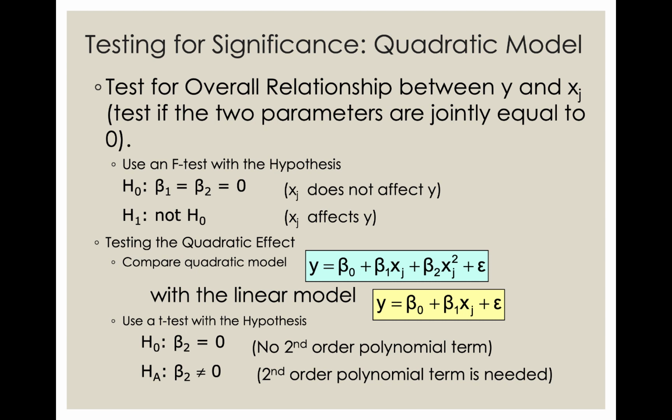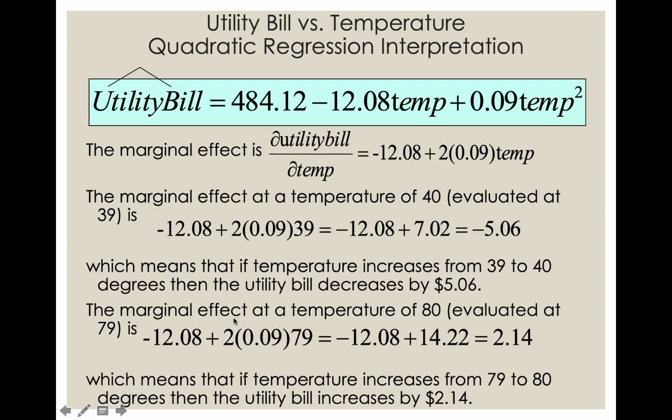Okay, if we want to test for overall significance, we would set basically everything that interacts with xj equal to 0, and that would be an F test. Or we could do a t-test and see if our quadratic term is statistically significant or not. One thing to note is once you put this kind of equation in your model, there's no way for me to hold temperature constant while temperature squared changes by increasing temperature by 1.